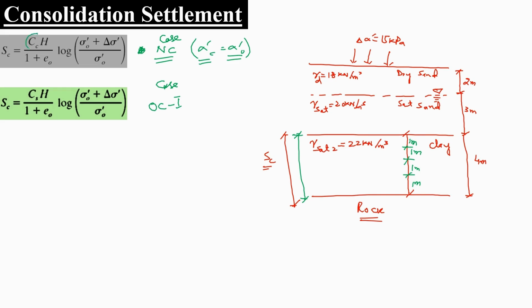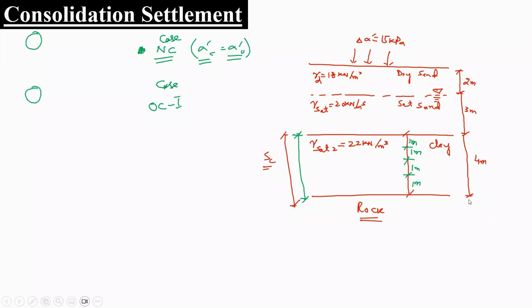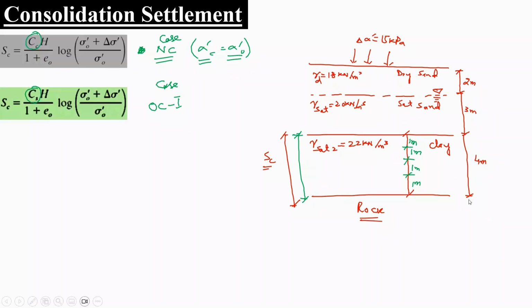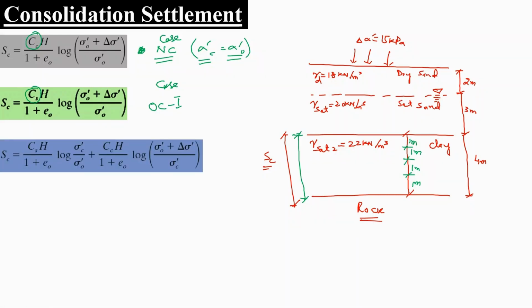See here, for normally consolidated soil we have the coefficient of compression, while for over consolidated case one we have CS. And the third one is for the over consolidated, same over consolidated case, but this is case number OC2.